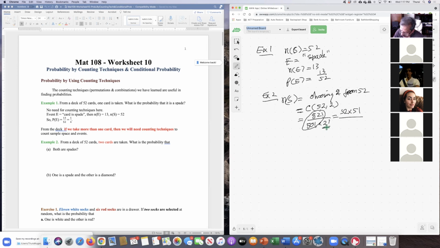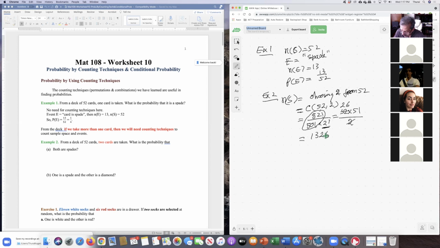I still have factorial 2, which is equal to 2. 2 divides the 52 into 26, so I need to multiply 26 and 51. I'm doing that in my calculator right now, and that gives me 1326. So that's the count of the sample space.